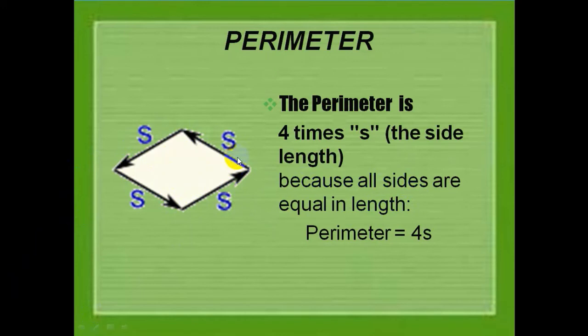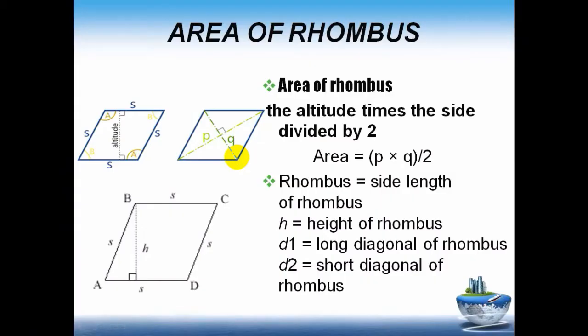Now to find the area of a rhombus. Area of rhombus: the altitude times the side. The altitude times the side will be equal to the area.